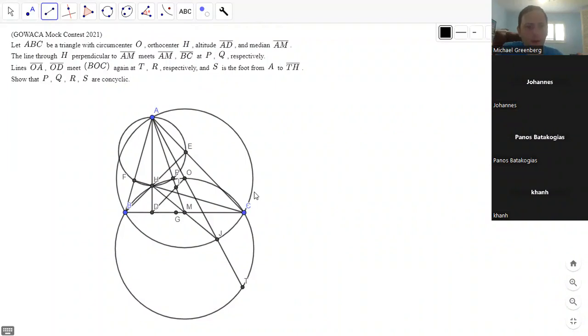So yeah, we just want to show IG is parallel to BC. Or IG is parallel to AB.